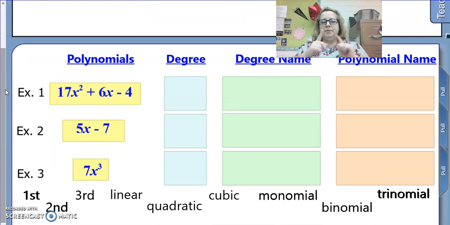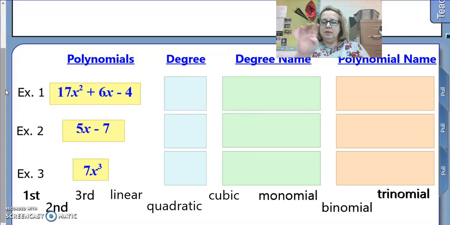So for this slide, we're going to identify polynomials by degree, degree name, and polynomial name. In the first column, it shows you the polynomial expression, which is 7x squared plus 6x minus 4. That's the first one, example 1.